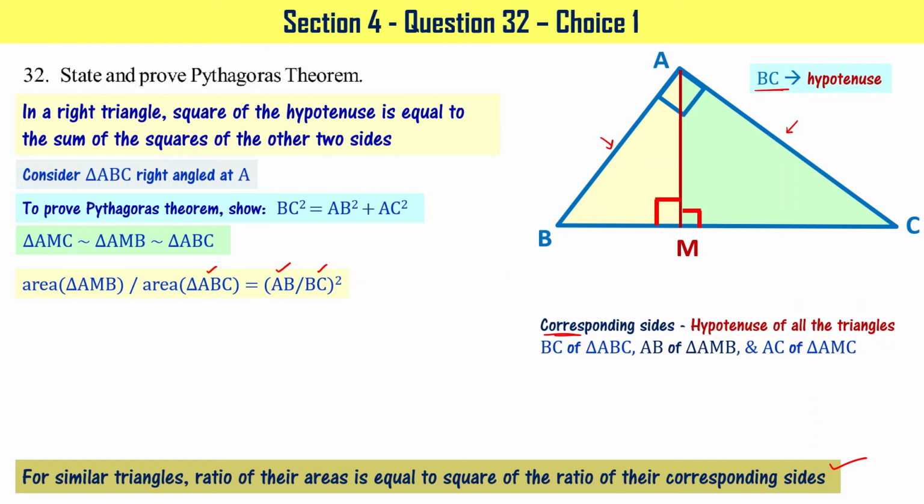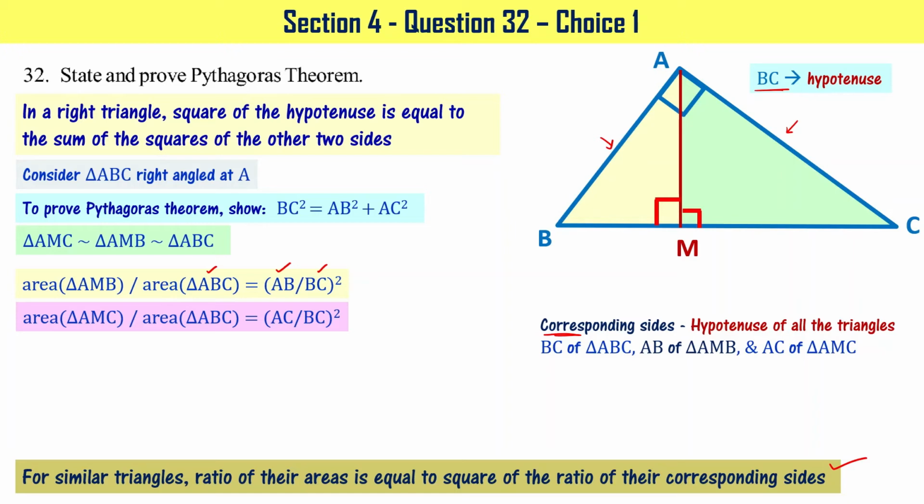Square of their ratio is equal to ratio of their areas, right? That's what we have just now written. Similarly, we can write this for another pair of triangles, that is area of triangle AMC divided by area of triangle ABC equal to AC by BC whole square, right?